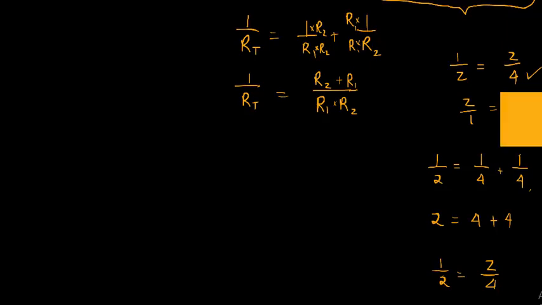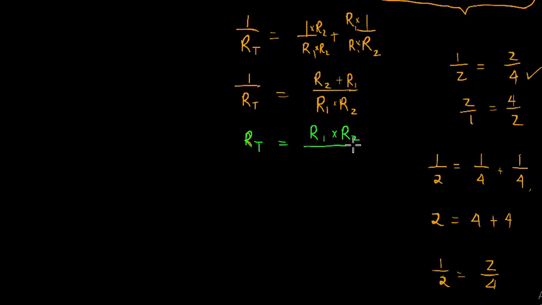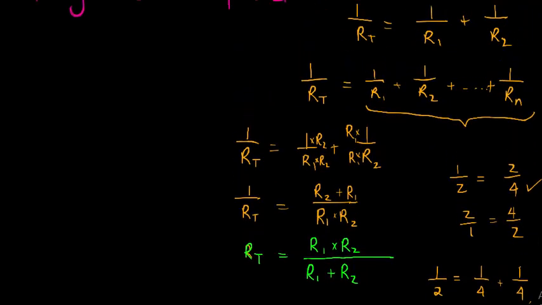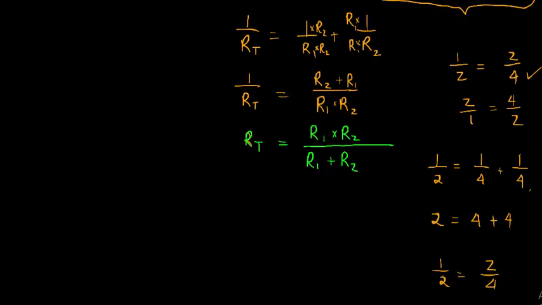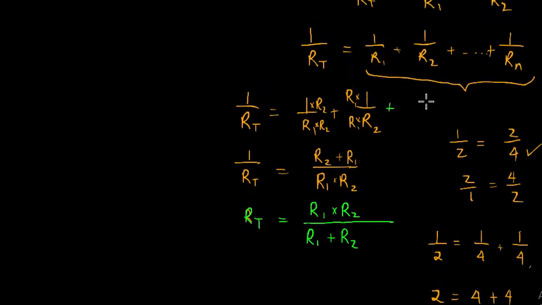So then we can now say, okay, that means RT is equal to, and I flip this fraction around, R1 times R2 divided by R1 plus R2. Now if we were to add another one here, and I'm not going to show you all the steps for time's sake, but if we were to add another resistor, it would just mean we have a plus 1 over R3 here.